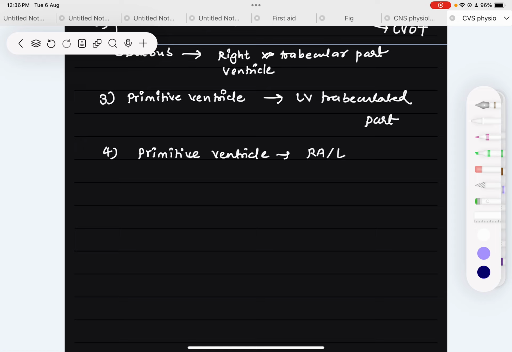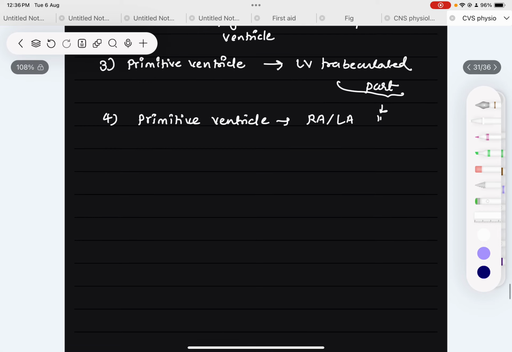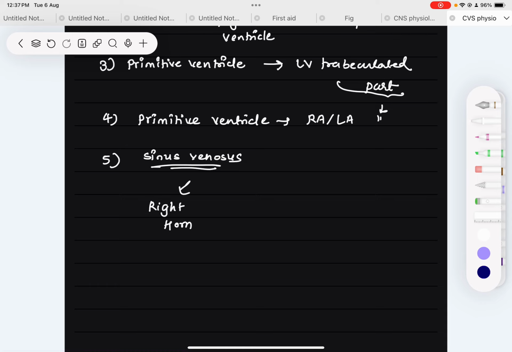Now from the primitive atrium, both the right atrium and left atrium trabecular parts will arise. From the sinus venosus, this will be slightly tricky, I guess. The sinus venosus has two horns, the right horn and left horn, plus one body.